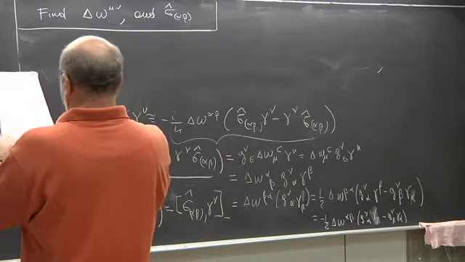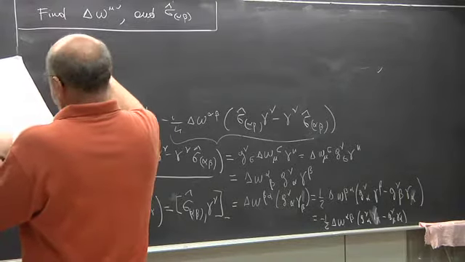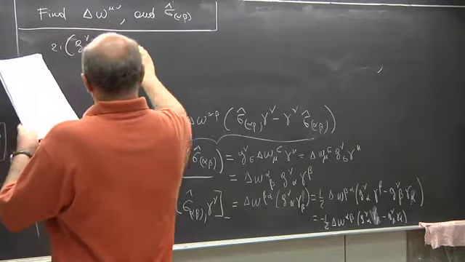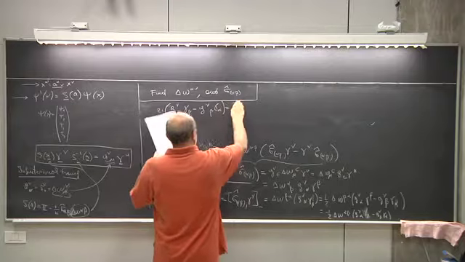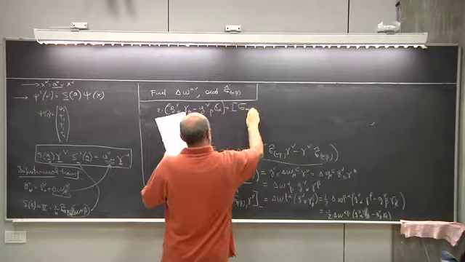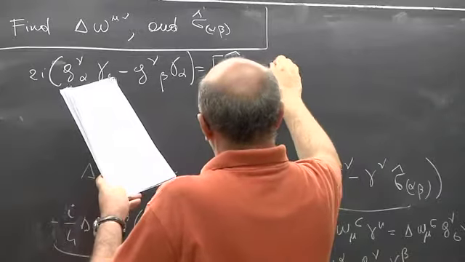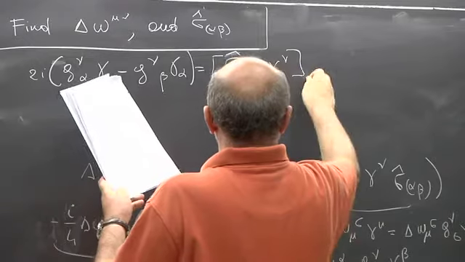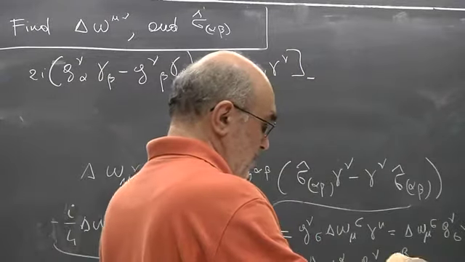So let's write down, we have 2i (G mu alpha gamma beta minus G mu beta gamma alpha) equal sigma alpha beta gamma nu, and this is the commutator, so I put a minus there.